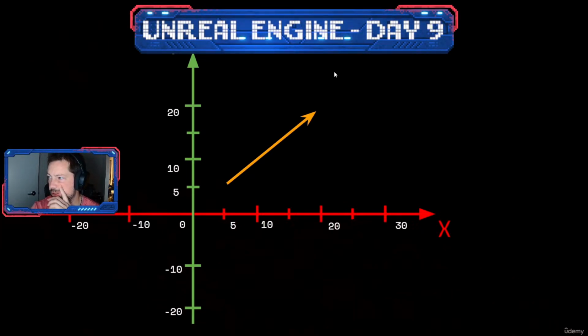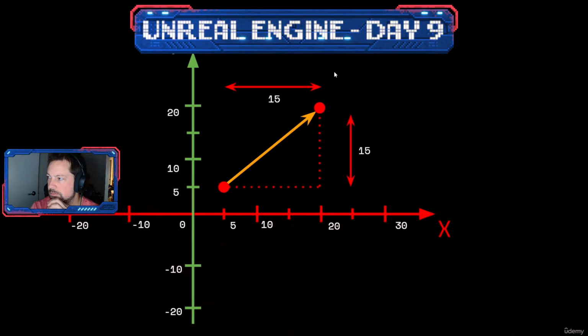Basic math. We see how far we must travel in the x and y directions to get from the tail to the head. In the x direction, we must travel 15 units to get from 5 to 20. We must also travel 15 units to get from 5 to 20 in the y direction.